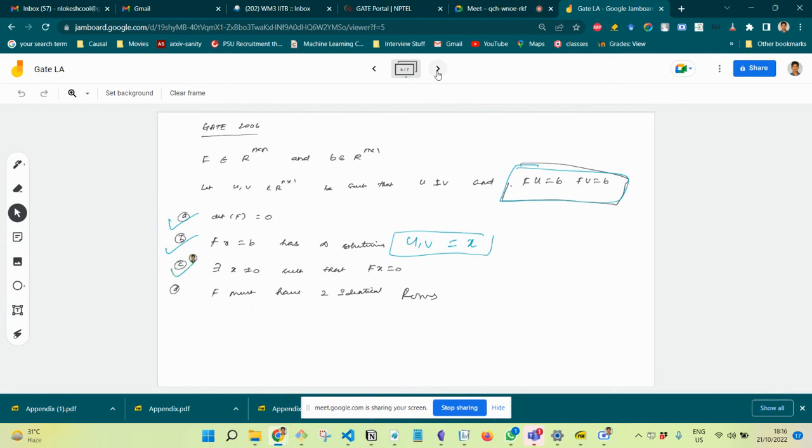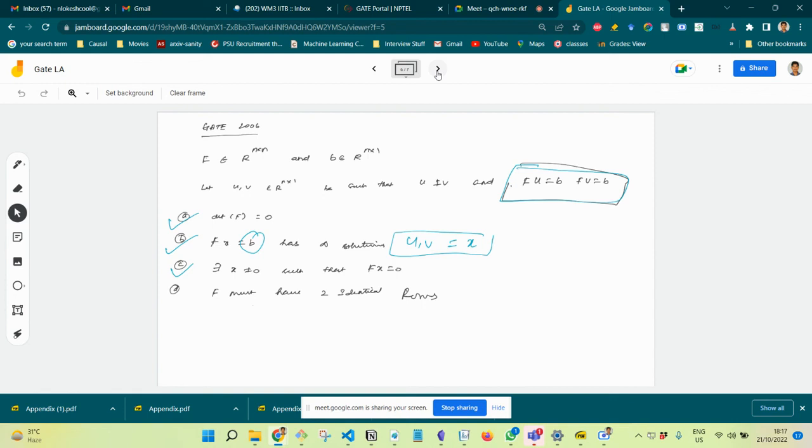Now option C, they are saying there exists x that is non-zero that has Fx equal to 0, right? And this also we saw in the previous class when b is 0, when we saw system of linear equations. We saw homogeneous system of linear equations. In homogeneous system, basically b will be equal to 0, and when b is equal to 0, if you have only one solution, then basically you just have the trivial solution, that is x equal to 0.